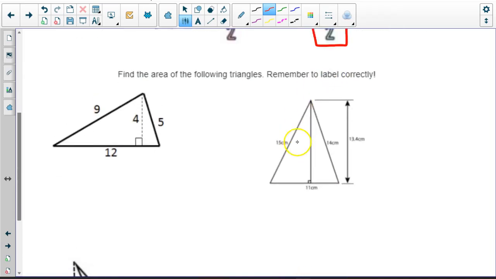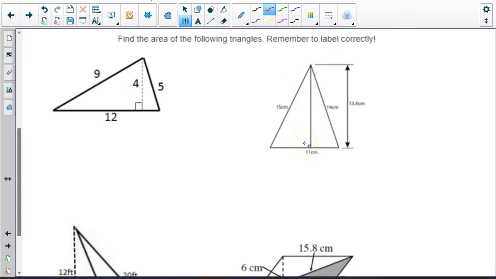So if we come down here and look at our first example, we're going to do a 3-step method, which means first step is we write out our formula. We just went over the area formula: base times height divided by 2. Second step, we plug in our numbers. Our base is 12 and our height is 4.